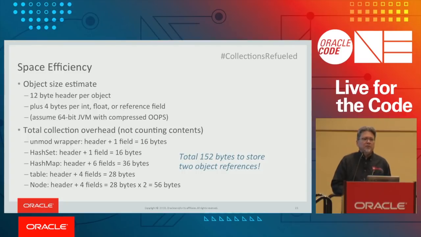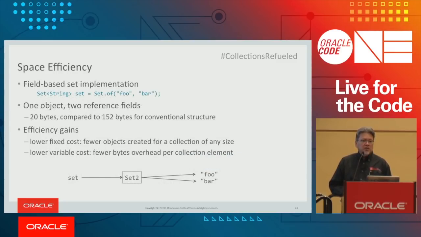And so if you have a lot of small collections, then the overhead of collection space can actually outweigh the elements contained within it. And I think that's the case that's going on here. All right, so the new set implementation is much more compact.